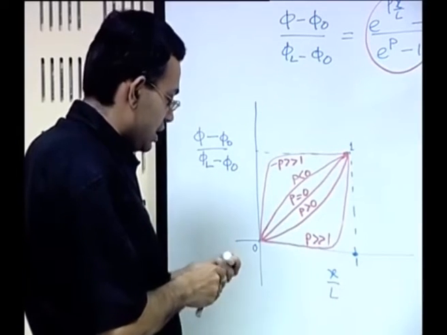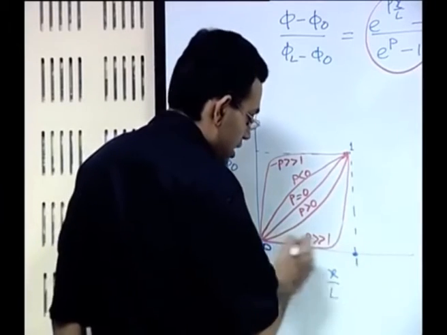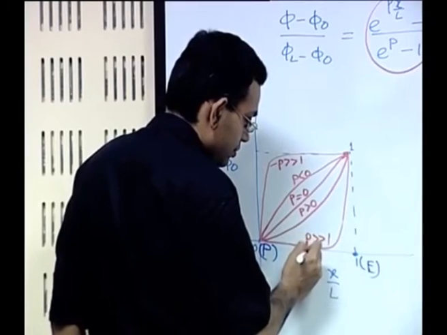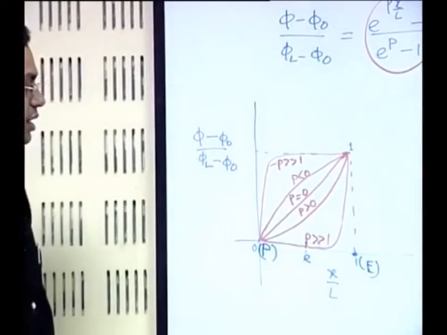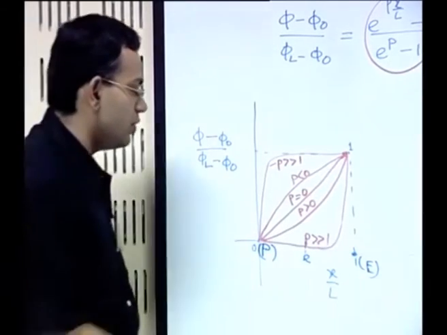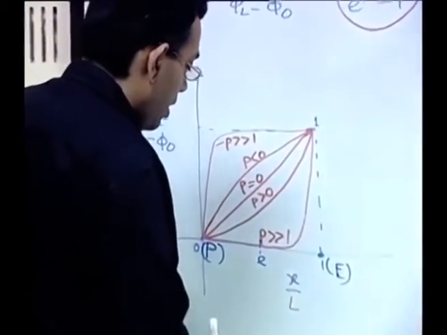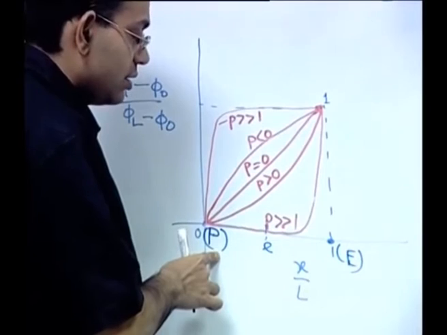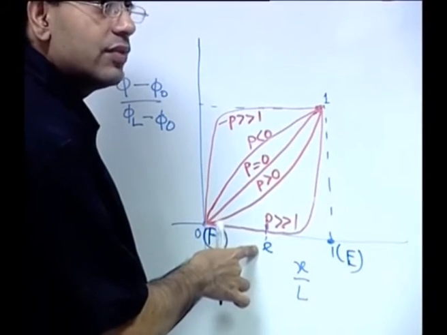Let us say that this is the grid point P, this is the grid point E. So, this is the grid point, this is the control volume phase small e. So, you can see that phi small e equals phi P if Peclet number is much greater than 1, very large.